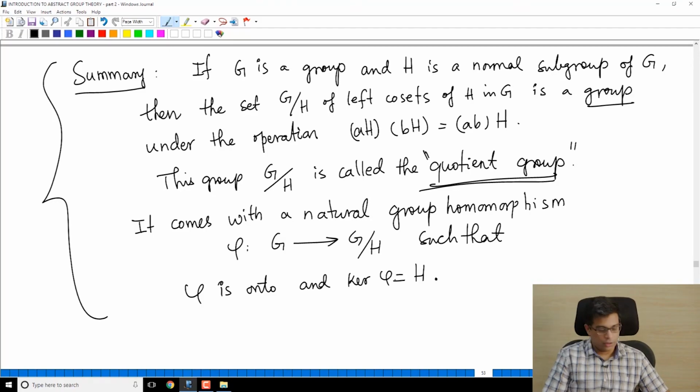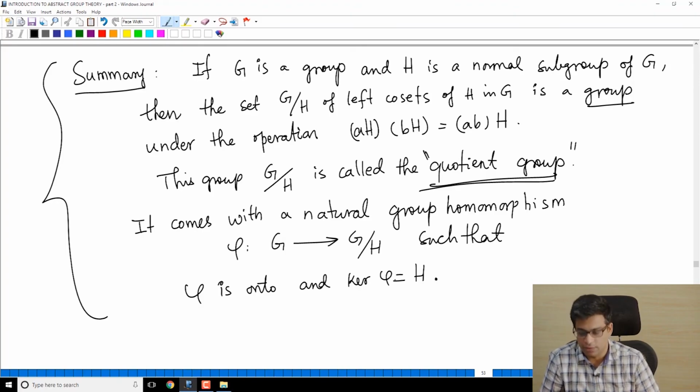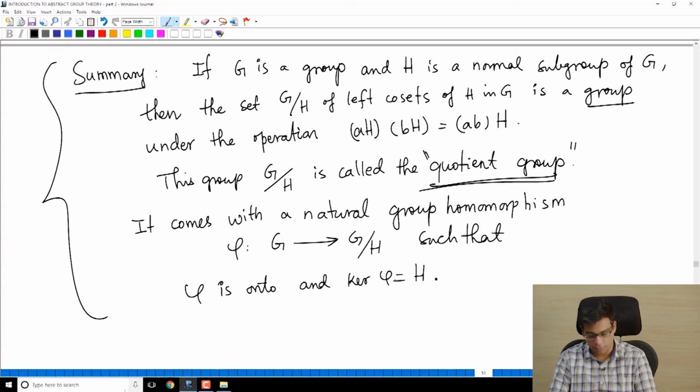So read this carefully. We can construct quotient groups whenever you have a group and a normal subgroup, and the underlying set for the quotient group is simply the left cosets of H in G. So I want you to think of quotient groups as something very easy. It's not difficult at all, because you know what the set G mod H is. It is simply the set of left cosets.